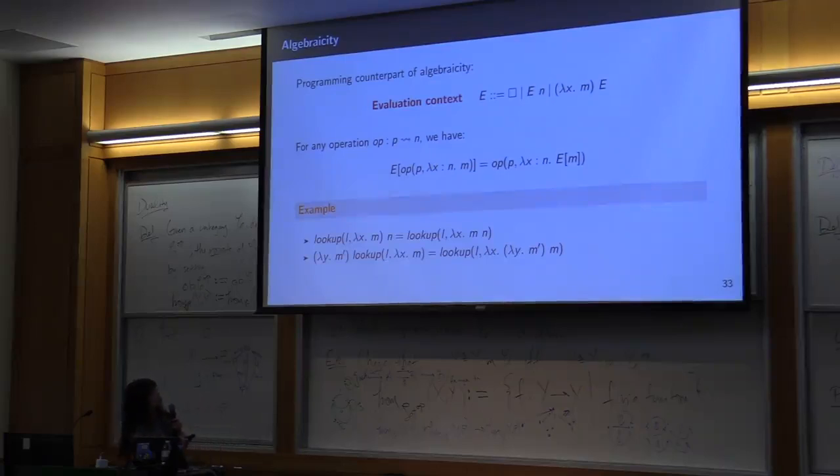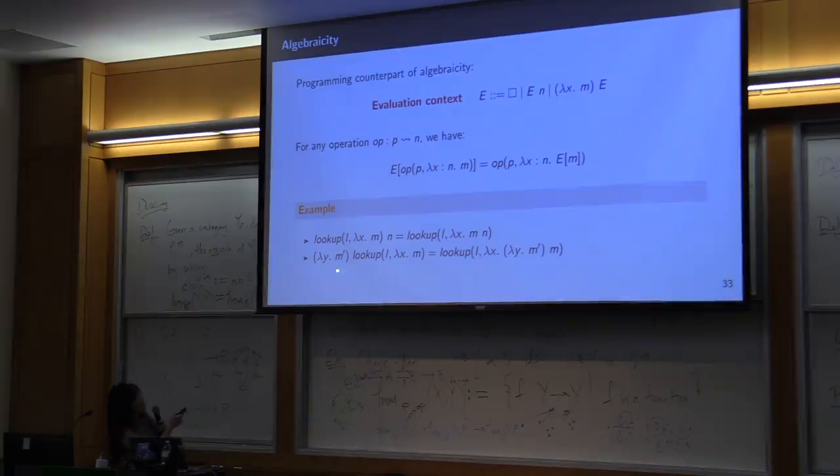Some examples with this lookup. For example, if you look up something from the location L, and afterwards you are going to do the computation M, and then this whole thing is applied to this M, then you can just push this M in as an argument, because whatever function you got from this location is going to be applied to M. So you could have just pushed it in.